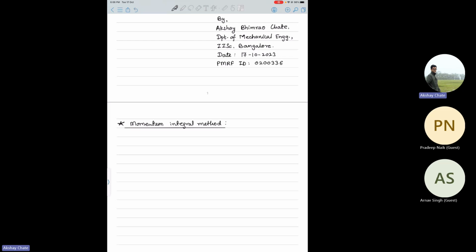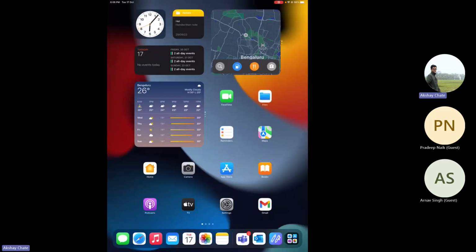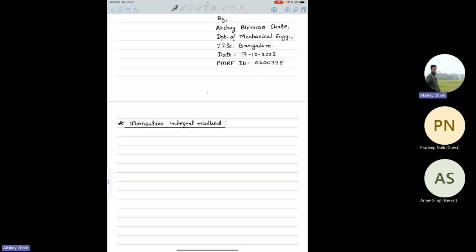There is a derivation, we'll do it quickly, and then look into the utility of this approach. This approach gives very good closed form solutions, and the final result can be used for any sort of fluid flow, whether laminar, turbulent, or transitional, as long as you know the velocity profile of that flow. So let's get into that.